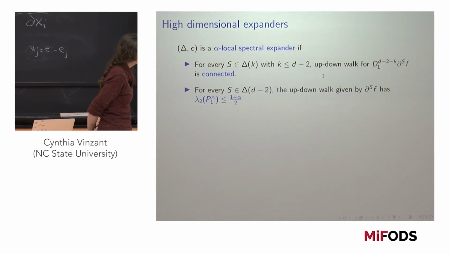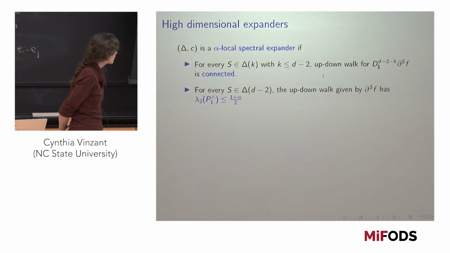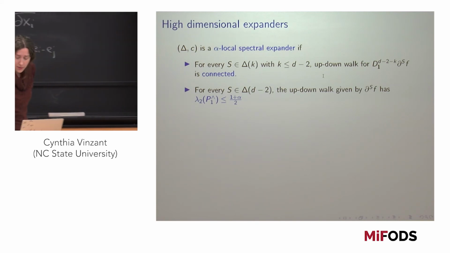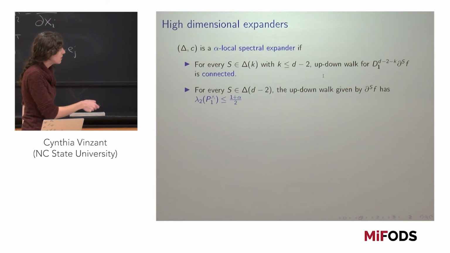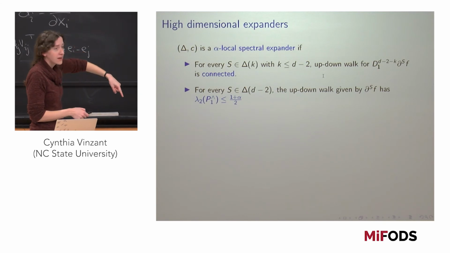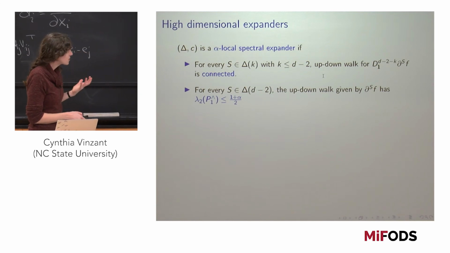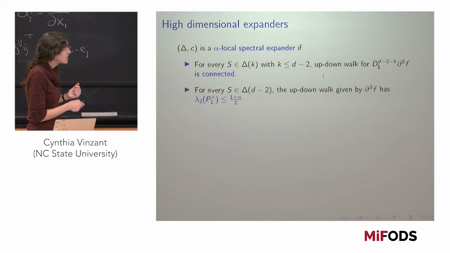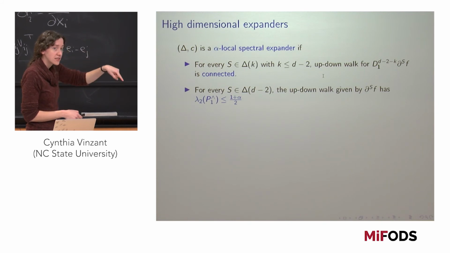And then the second criterion is that for every subset of size d minus 2, when you take the corresponding derivative of your polynomial, again you get a quadratic. The up-down walk corresponding to this quadratic, you have a bound on the second eigenvalue of the transition matrix.